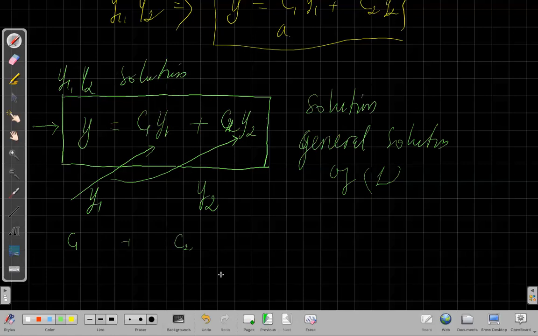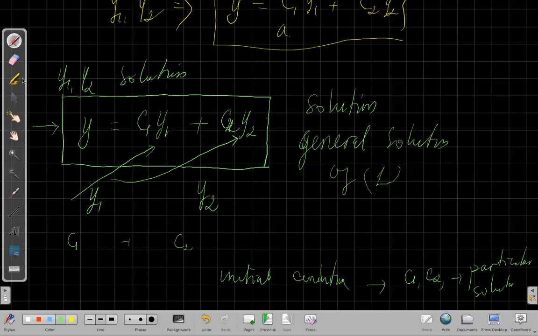And similar to the previous lesson, we use the initial conditions to find the arbitrary values of C1 and C2, and we obtain a particular solution.